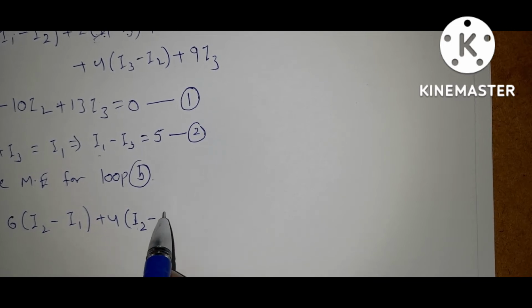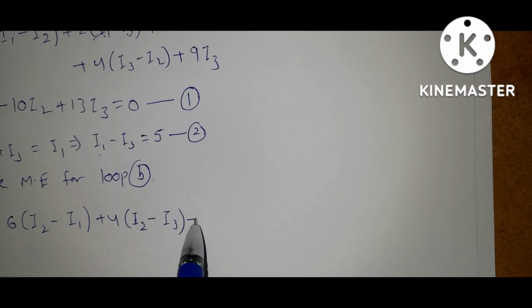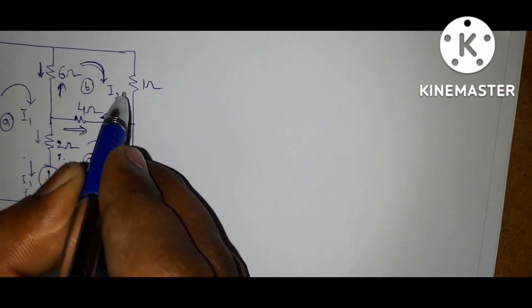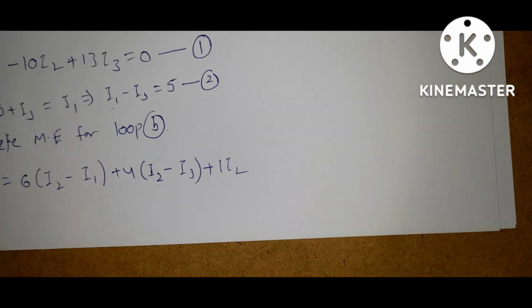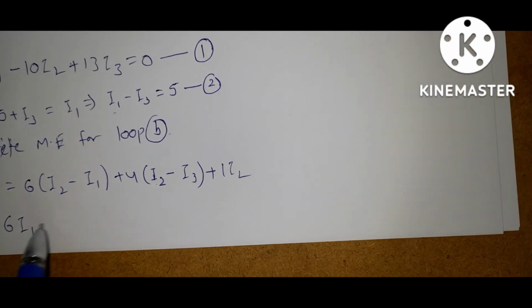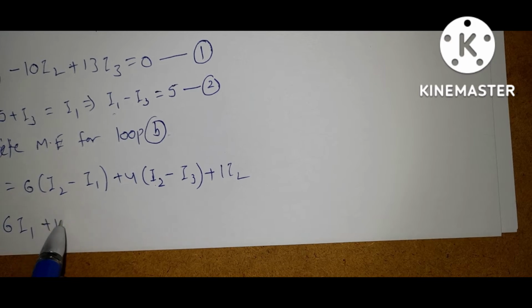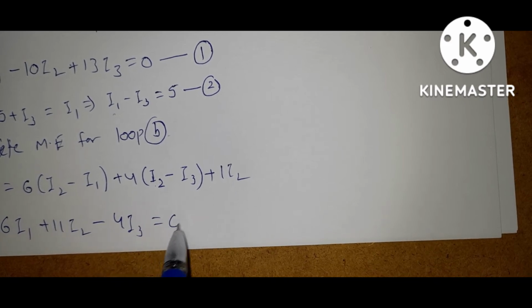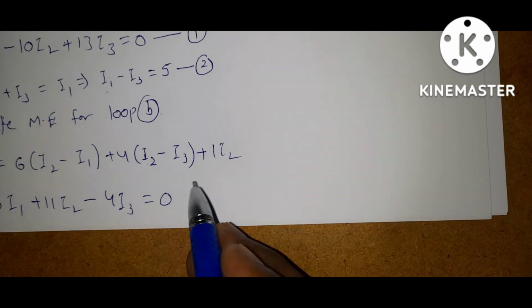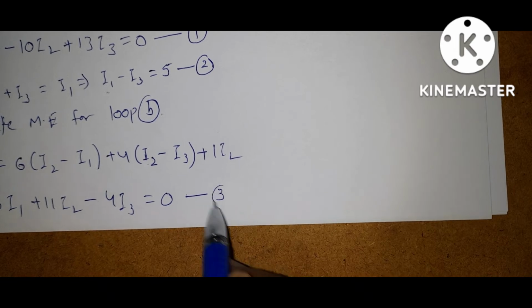So I2 minus I3, plus here one passive element, that is 1 ohm, so 1 into I2. So you will get minus 6 I1 plus 11 I2 minus 4 I3 is equal to 0. Let it be equation 3.